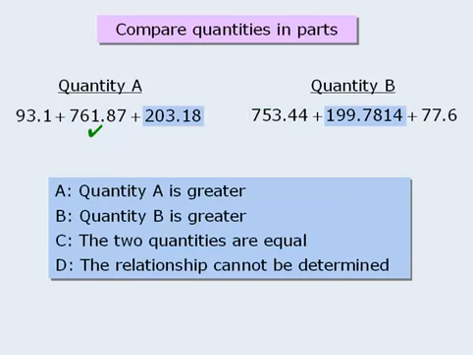When we compare these two numbers, we can see that this one is bigger. And finally, when we compare these two numbers, this one is bigger. So all three numbers in quantity A's sum are greater than all three numbers in quantity B's sum. As such, quantity A must be greater than quantity B, which means the correct answer here is A.